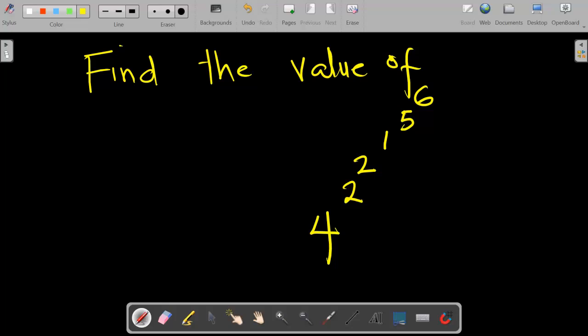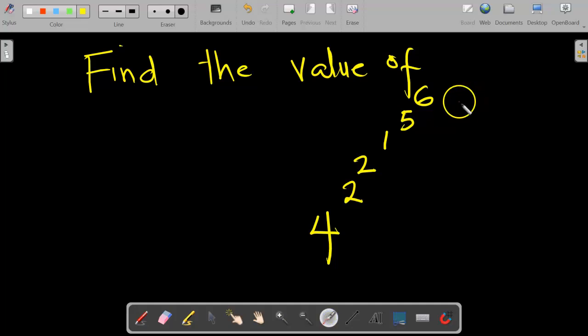The order of evaluation of this kind of problem is from top to down. Now, unlike standard operation that reads from left to right, an exponential tower without parentheses must be evaluated from top to down.